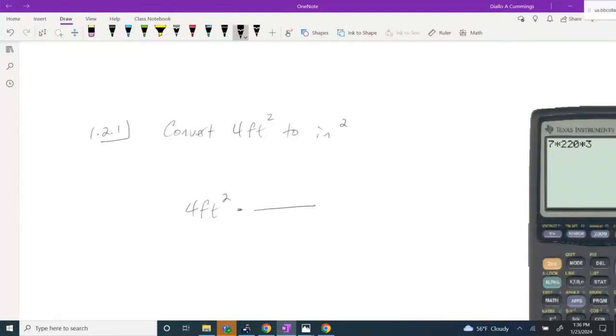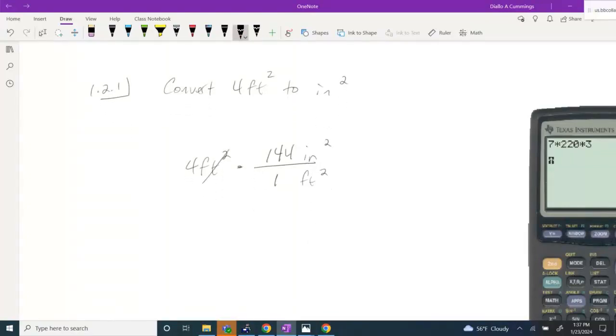And I'm going to multiply that by a unit fraction. The unit fraction should have square feet in the denominator, and then square inches in the numerator. So when we multiply, our units of square feet will cancel. Now I'm going to simply put in the conversion. 1 square foot is equal to 144 square inches.